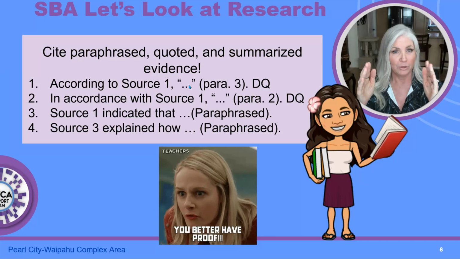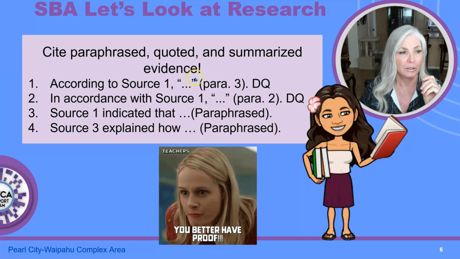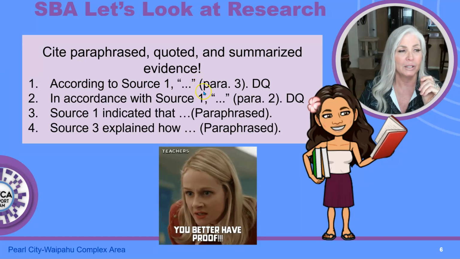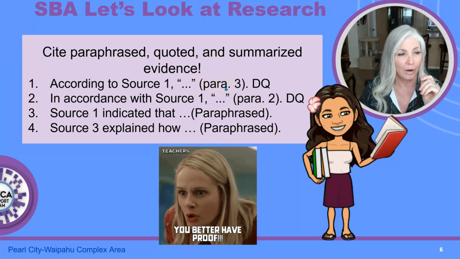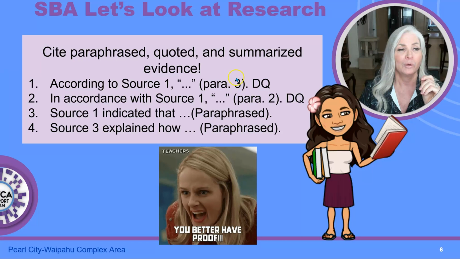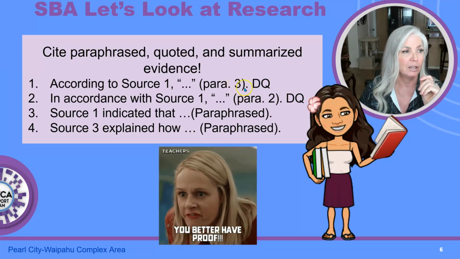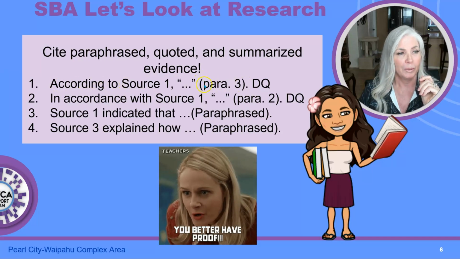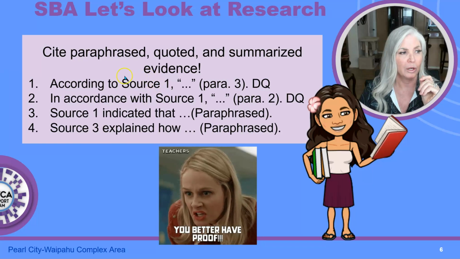After the quote, you put an end quotation mark, a space, and in parentheses, you put para for paragraph, period, and then whatever paragraph you found that evidence in, end parentheses, period, so that everybody knows that all of this was found in paragraph 3 of source 1.